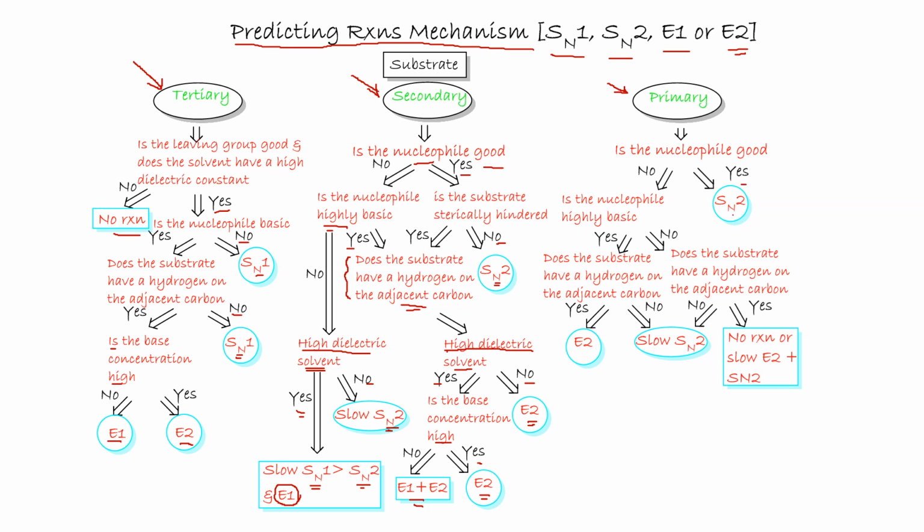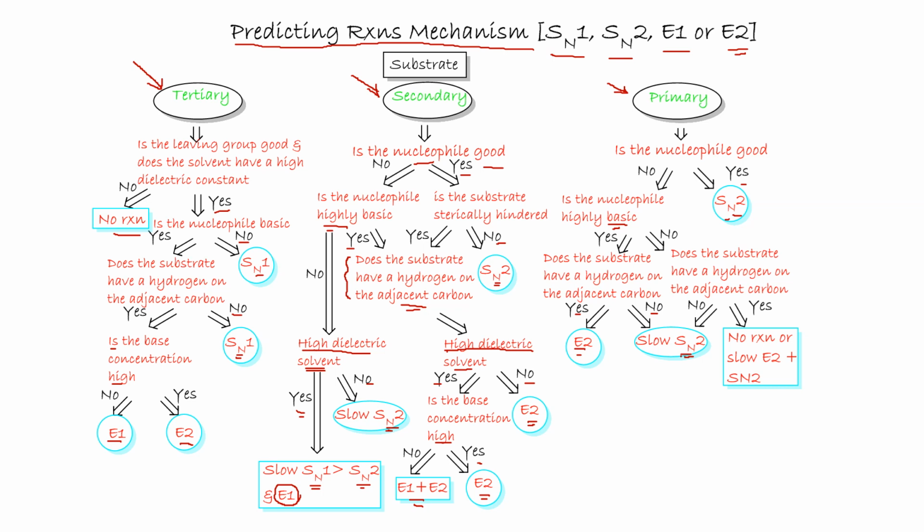If it's yes, SN2. If the nucleophile is not good, but it's a base, is the nucleophile highly basic? If it's yes, does the substrate have hydrogen on the adjacent carbon? If it's yes, it's E2 mechanism. If no, it's SN2 mechanism.